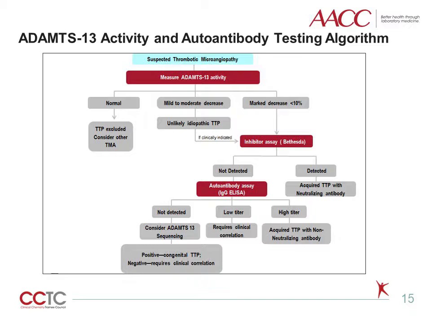If it is detected in low titer, clinical correlation is required. If non-neutralizing antibodies are not detected, this may be inherited TTP, and sequencing of the ADAMTS13 gene should be considered. If sequencing is positive, the diagnosis of inherited TTP is confirmed, and if it is not, this needs clinical correlation.